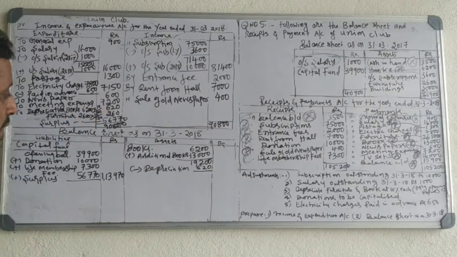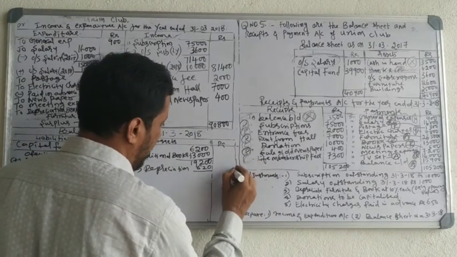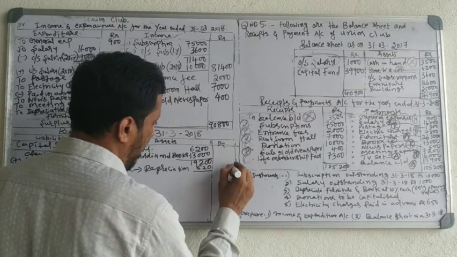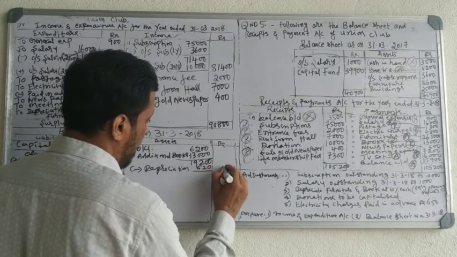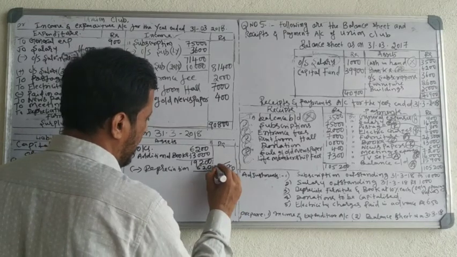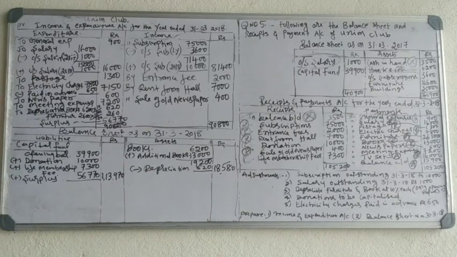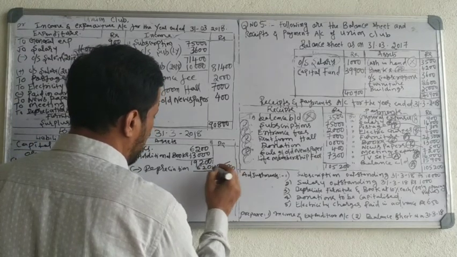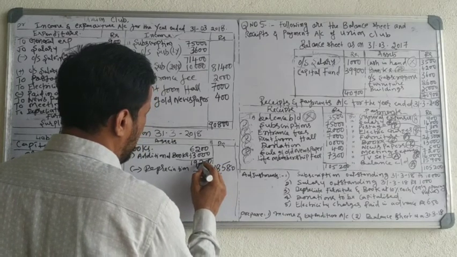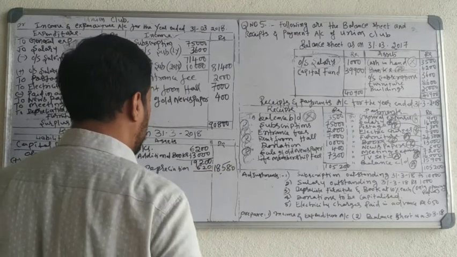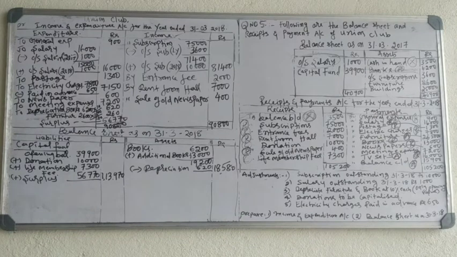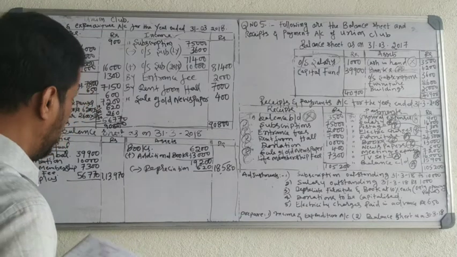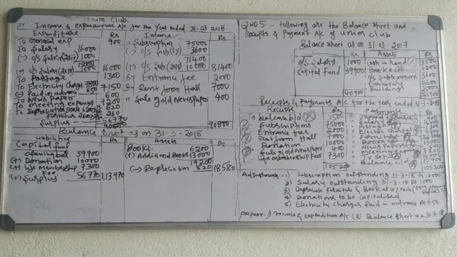Depreciation of books is 620 minus, then you will get here 18,580. So books is 18,580. Over.